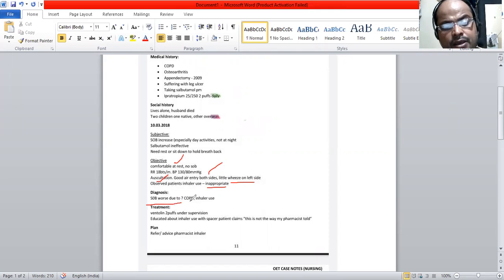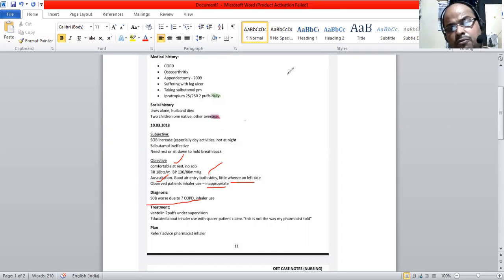Now the shortness of breath at present can be due to COPD, or it can be due to inappropriate use of the inhaler.